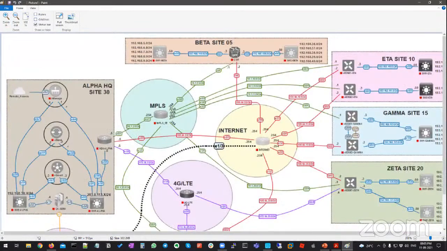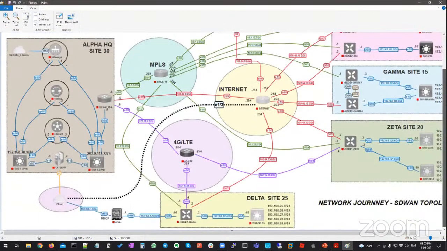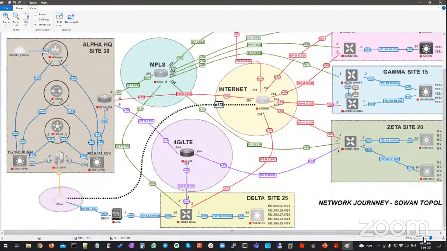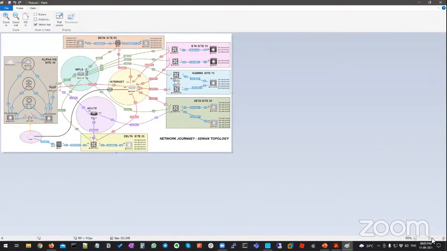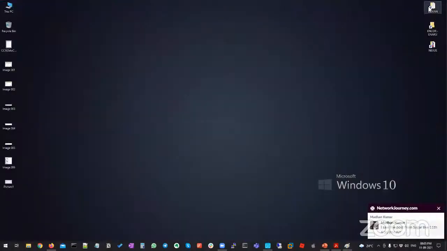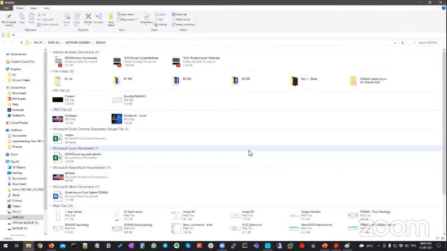Okay, it will be better to see now. Let me zoom out a little bit, or just give me a second. Let me open it from here.